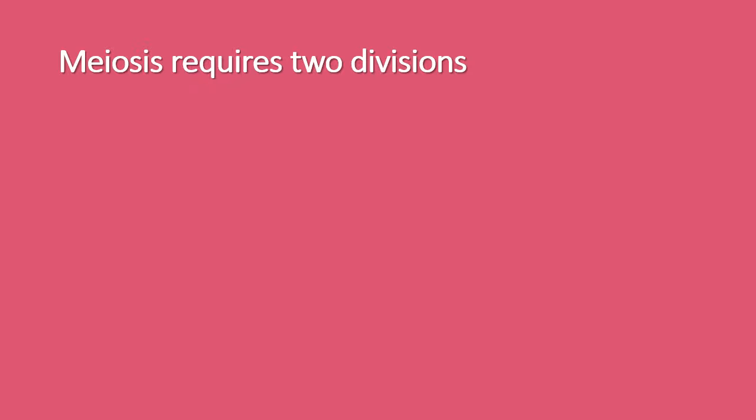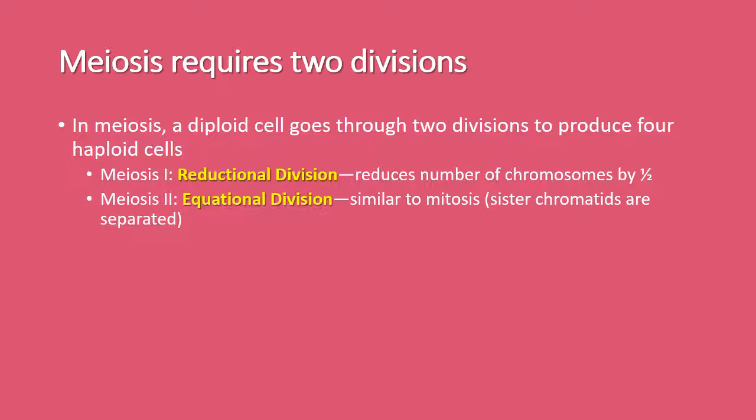All right, because we're cutting the number down by half, meiosis actually requires two divisions, because before we divide the diploid cell, it first has to go through synthesis, replication of its DNA. So you really end up with 4 times the DNA that you need before meiosis begins. The first round is meiosis 1, the reductional division, when you reduce the chromosome number by half.